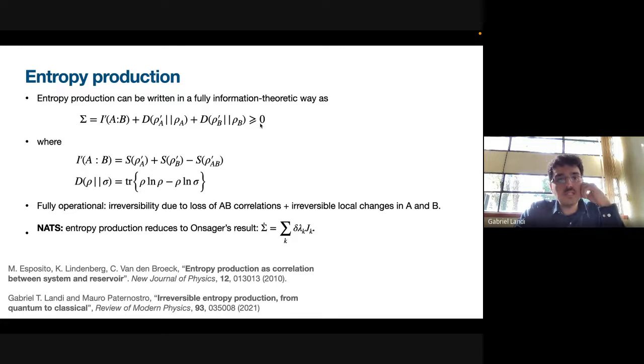And what is particularly nice is that if we now substitute here the specific structure of rho A and rho B, so the fact that they are thermal states, then we get that the entropy production is just given by the familiar thermodynamic formula. So this is a very nice way to show that even for non-abelian charges, if we start with this information theoretic framework, we recover an entropy production that is given by a familiar thermodynamic formula.